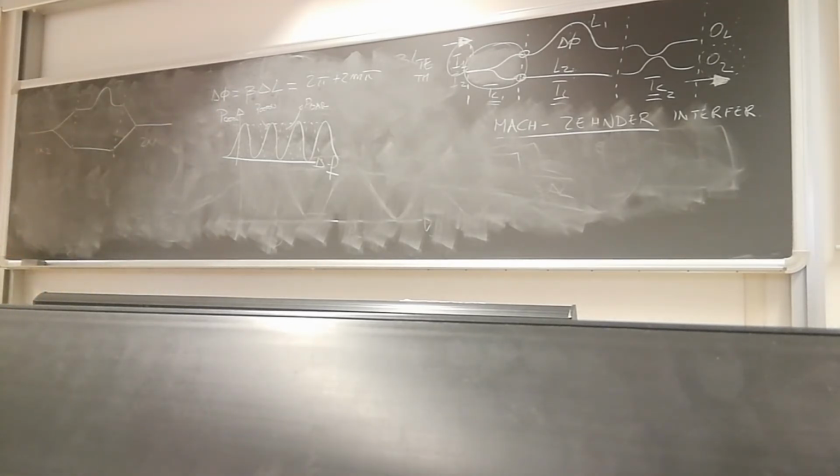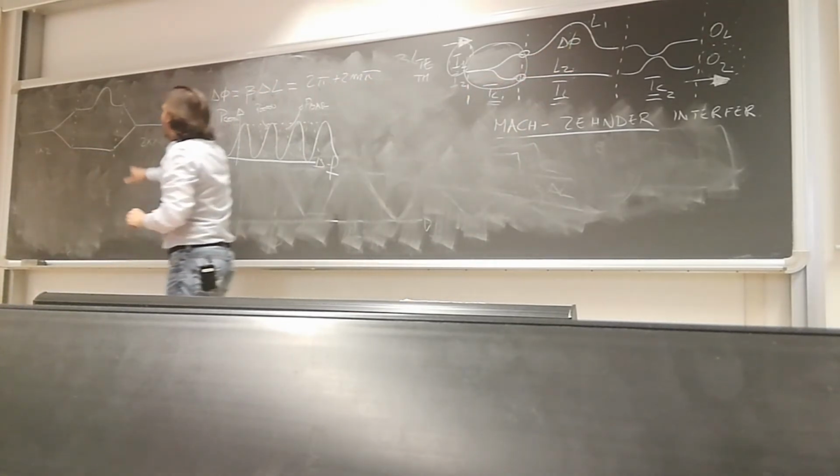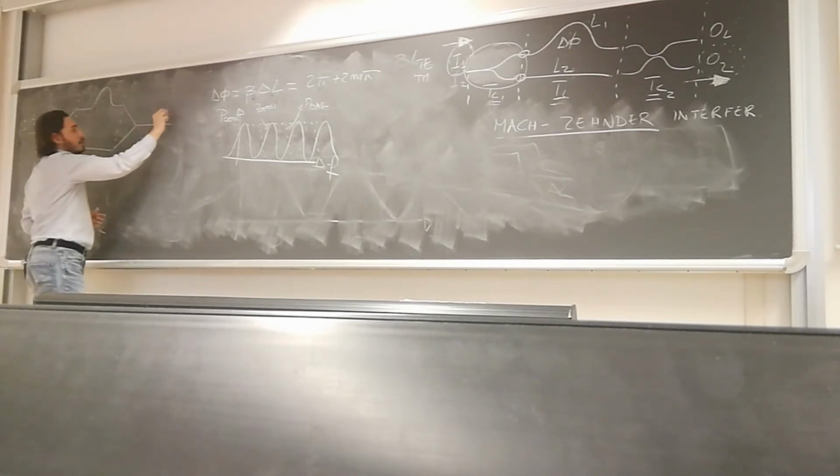But what happens? This is for this guy. Okay? What happens here? If I use Y branches, so I have my input power that is 1, and I move across the frequency, and I just look at this P out.